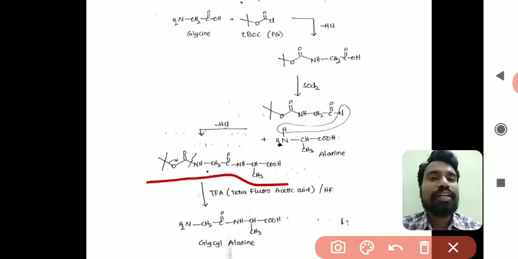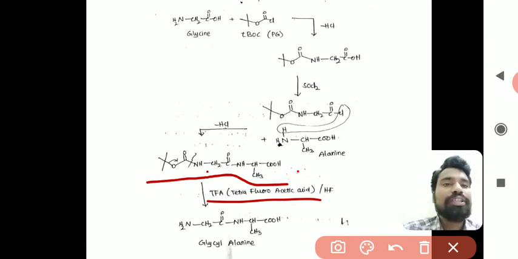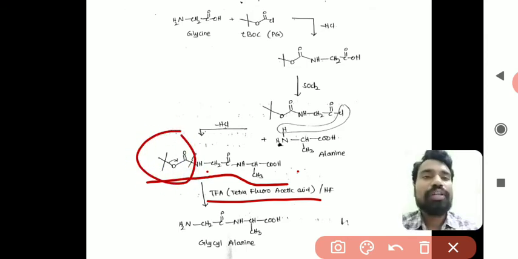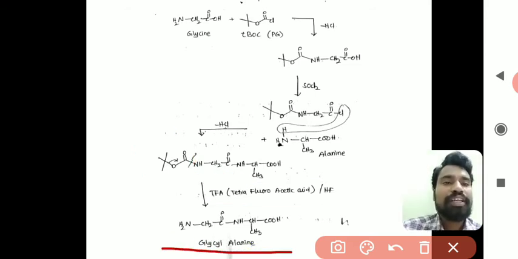So here glycine is the first one, the next one is alanine, right? When we use TFA, that is trifluoroacetic acid, the protecting group will be removed, resulting in a glycyl alanine dipeptide, right? So we got the desired dipeptide, glycyl alanine.